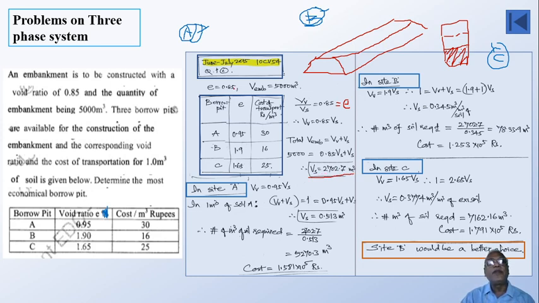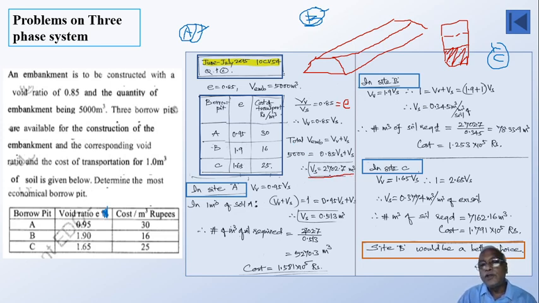Means if I bring it from A, how much is the volume of solids to be brought? It is 2702.7. If I bring it from B also, whatever may be the meter cube of soil, the volume of solids that I should bring is 2702.7. So from all three sites, I should bring a volume of solids of 2702.7 meter cube.